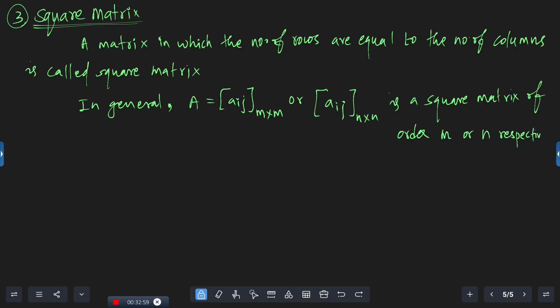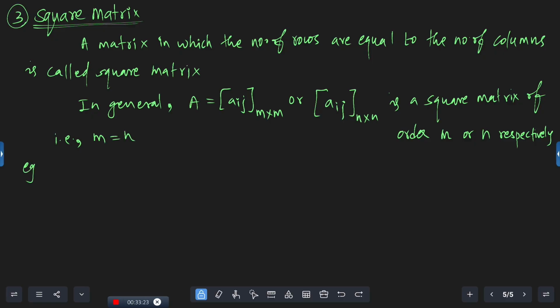First one is order m, second one is order n. Here m equals n; simply, row equals column.